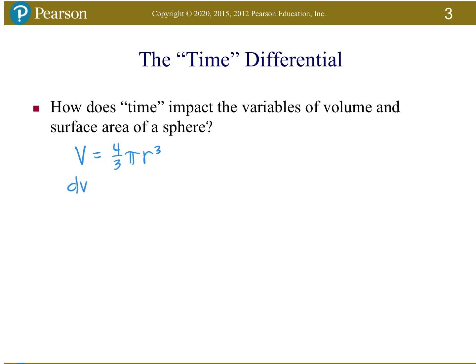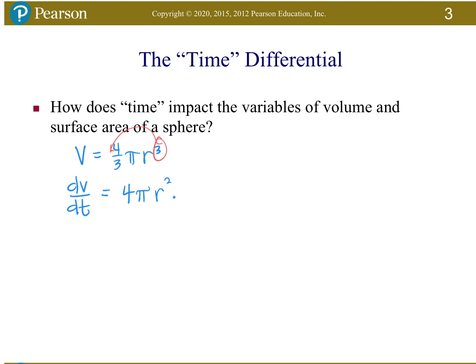So we're going to take dV/dt, and then we take our derivative. Derivative rules are still the same. So we'll pull the 3 down to the front, and we'll have 4 pi r, and the new power on r is squared.